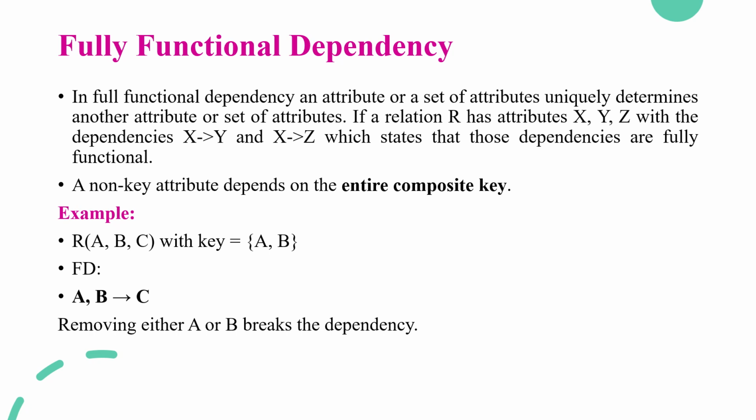What is the meaning of this? The non-key attribute is functionally dependent on the entire composite key, not just a part of it. For example, take the relation A, B, C with the composite key A, B.